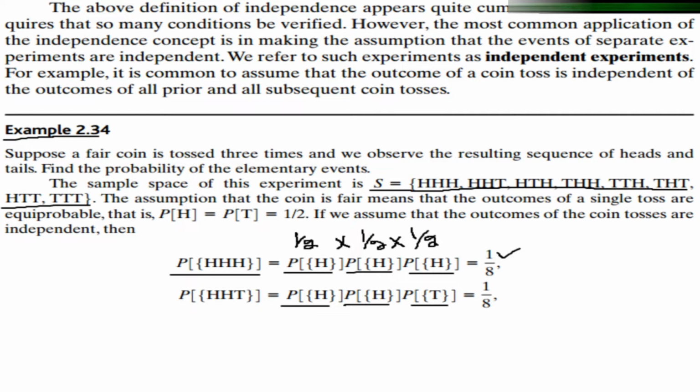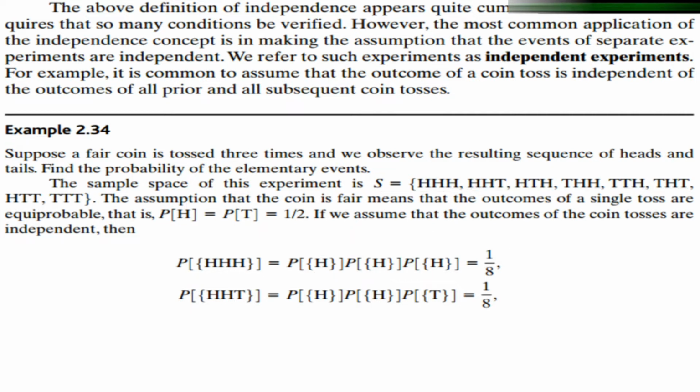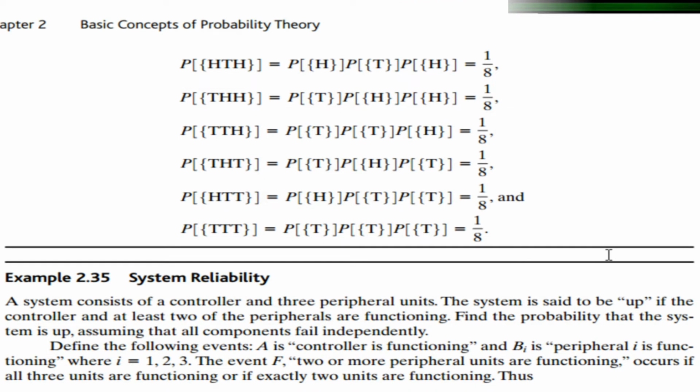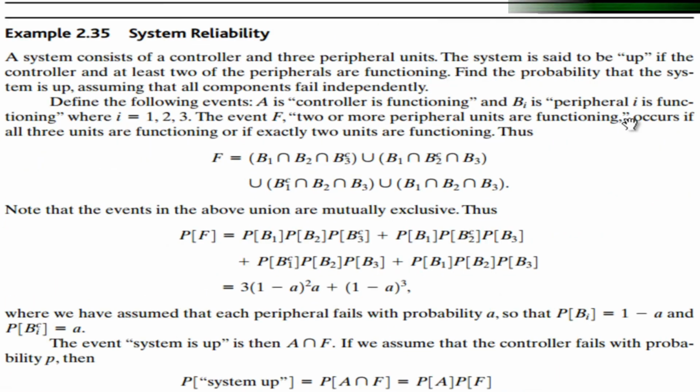So please do this question, and if you have any questions, we will discuss it again. Okay, let's move on. This is the remaining part of the question, and you can see that other probabilities can also be found by this method. So this was the question, and let's move on.